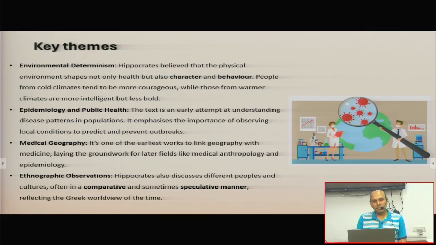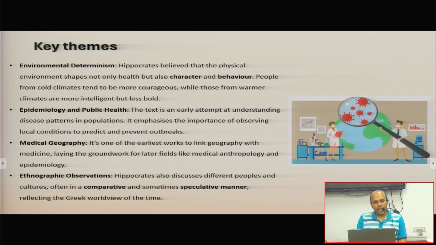It emphasizes the importance of observing local conditions to predict and prevent outbreaks. The third one is medical geography. It is one of the earliest works to link geography with medicine, laying the groundwork for later fields like medical anthropology and epidemiology.